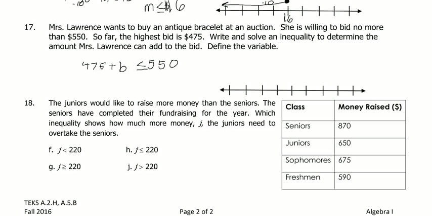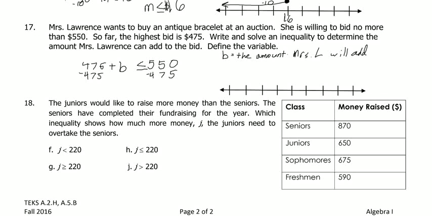So we're going to call it B, where B is the amount Miss L will add. Now, all we gotta do is just solve this. We subtract 475 from both sides of this.